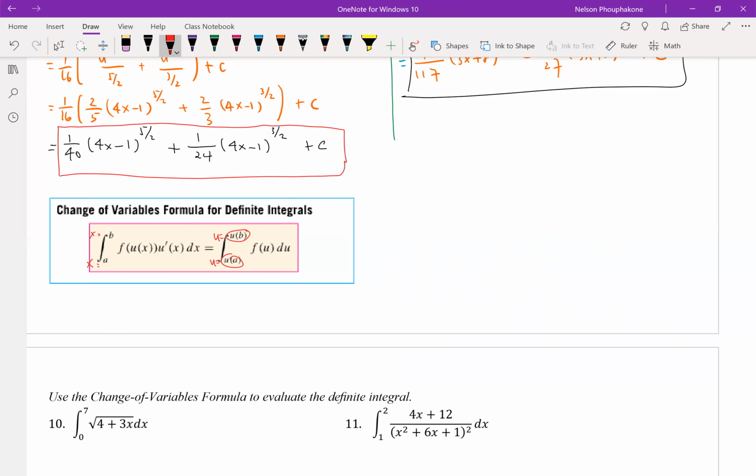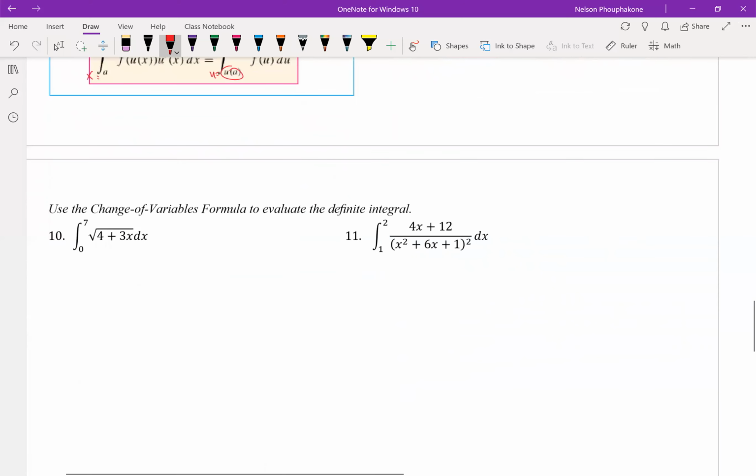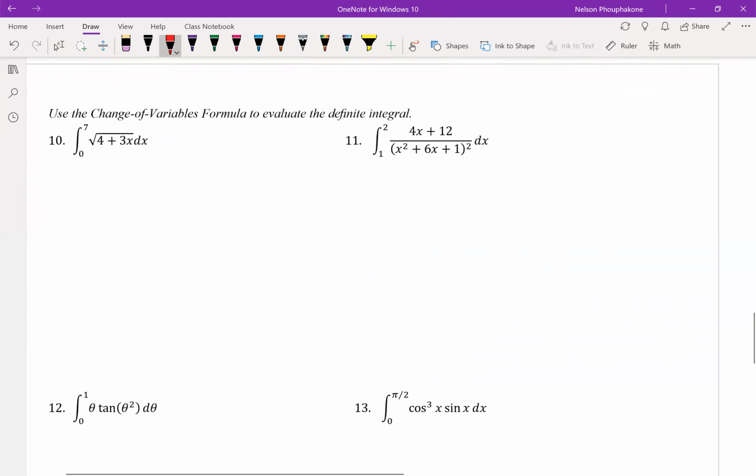Okay, so let's see how we take care of working with the definite integral. Let's look at this problem right here. I'm going to let u equal 4 plus 3x.